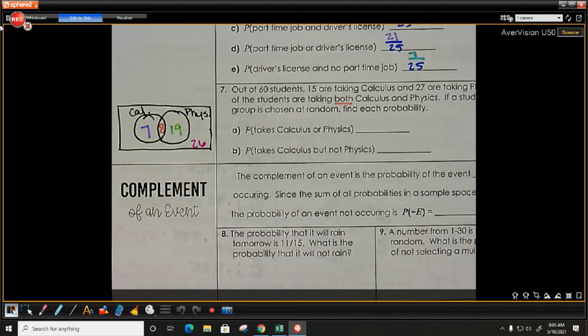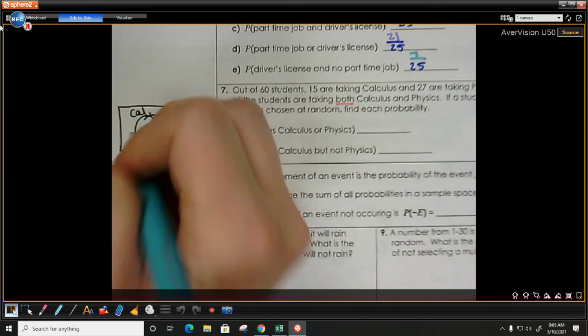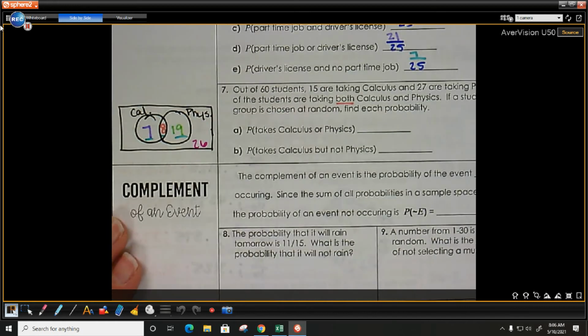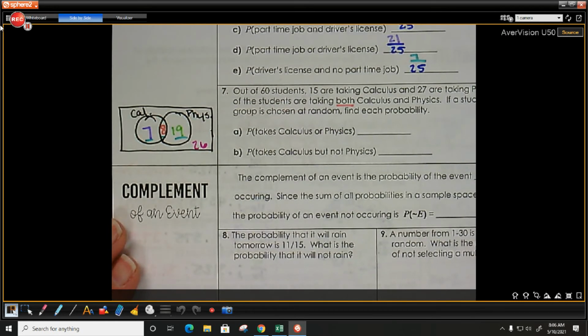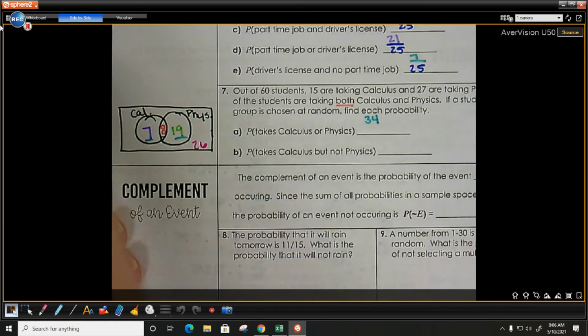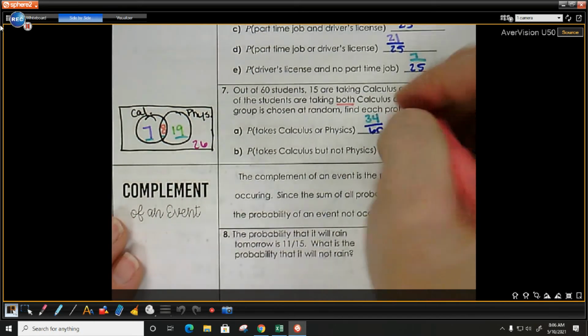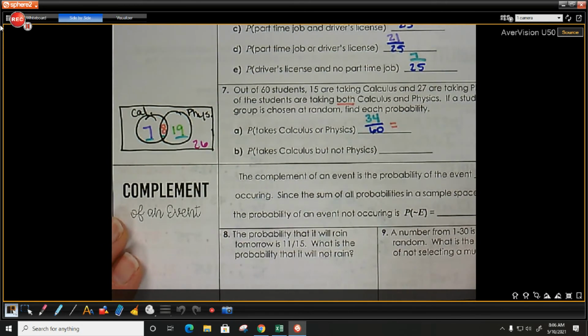Okay, so what's the probability that a student takes calculus or physics? So that's looking at the calculus and the physics bubbles. 34 over how many total students were there? Simplify that. 17 over 30.